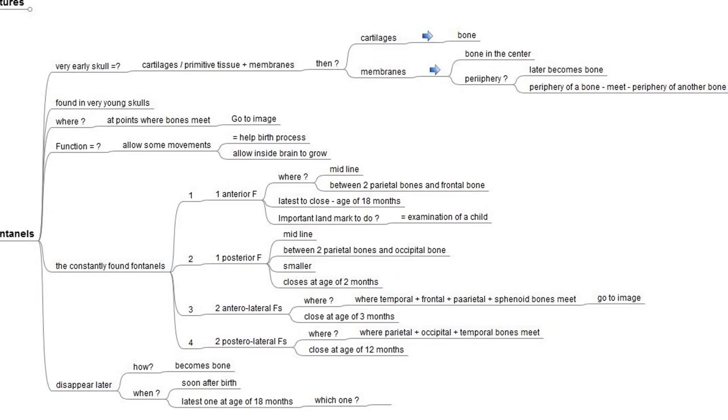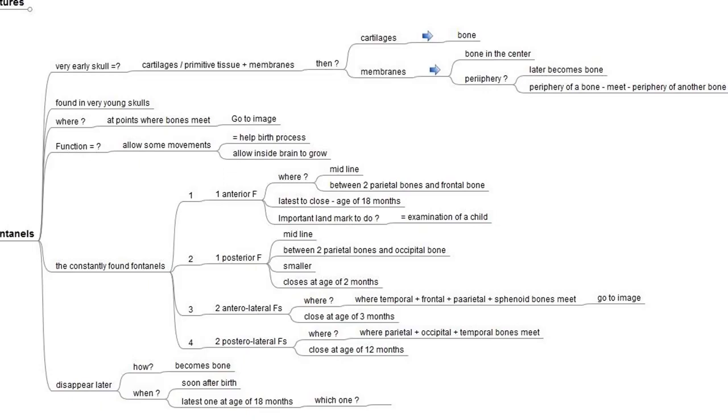This is a mind map of the special features of the skull, and the first one was sutures, and we talked about sutures. Now, when we look at the arm that says fontanelles, you can read this mind map as I have trained you how to do that, and you can see that there is so much basic information about fontanelles.